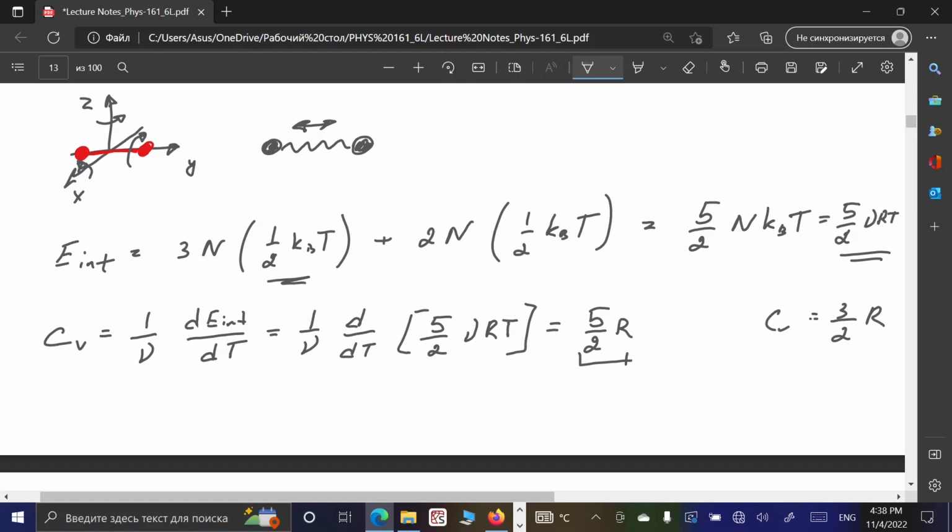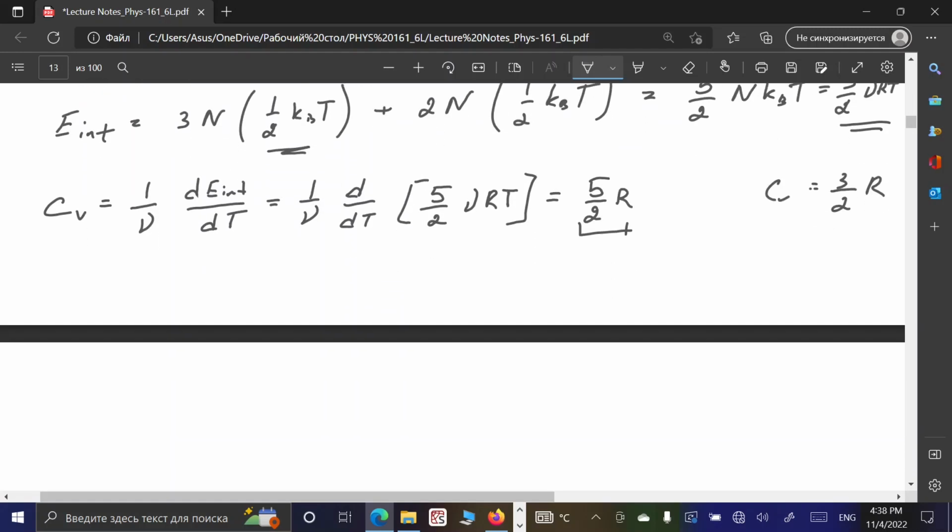So it requires more energy. So we can write also for Cp in the case of the diatomic molecule when we consider rotational motion. That will still be valid, this equation which we derived, Cv plus R, but since Cv now is larger, it's 5/2 R plus R, that will be 7/2 R.